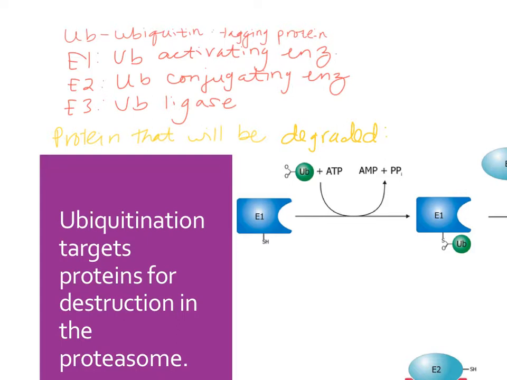And for whatever reason, the ubiquitin people call this the substrate. So the protein that's going to be tagged or get a whole bunch of ubiquitins on it for degradation, to be broken up into all of its little amino acid pieces, will be called the substrate.